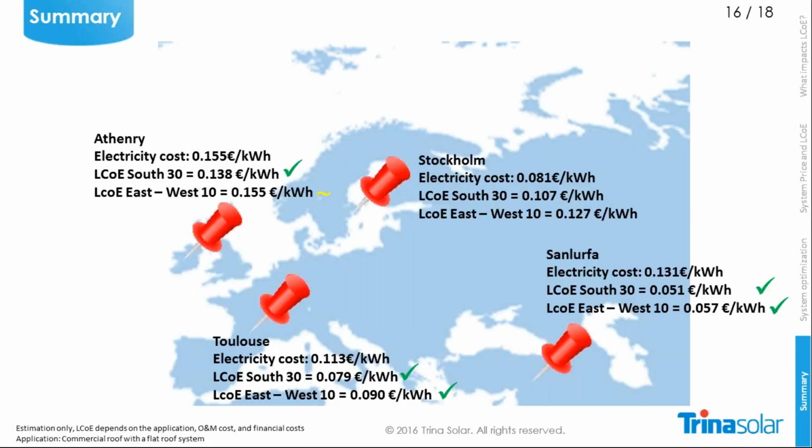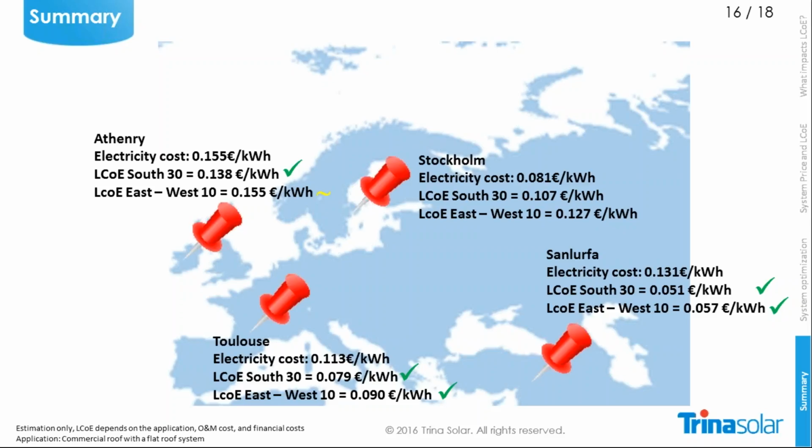If you now go back to our map and take 2 systems out: I took a 30 degree south orientated system and an east-west system with 10 degrees module angle. Then you can see that from the levelized cost of energy, if we go to Dublin in Ireland, the electricity cost from the grid for industrial consumers is given as 0.115 euros per kilowatt hour, and the LCOE calculation shows that the energy can be produced cheaper with your own system than if you consume it from the grid.